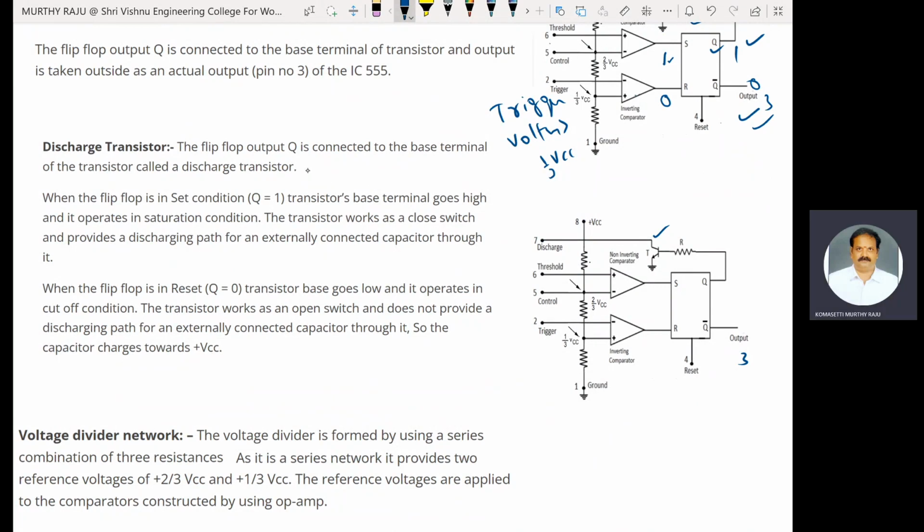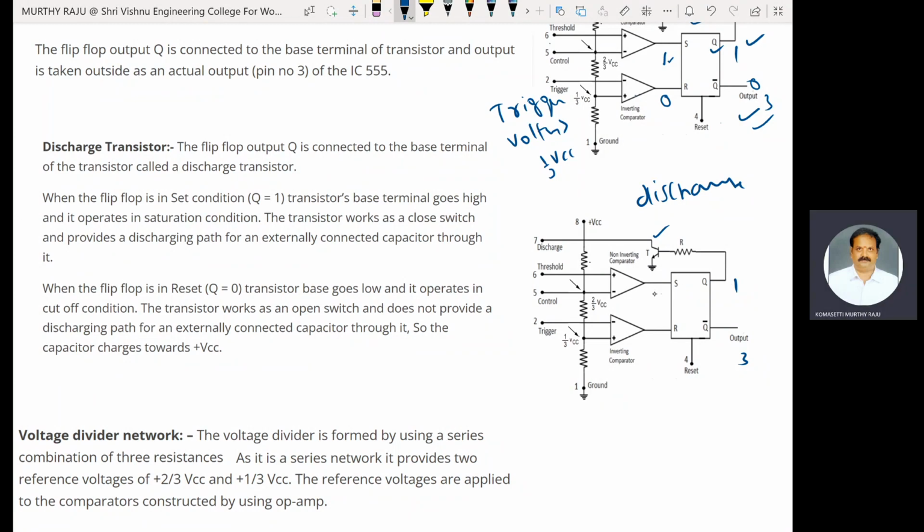The flip-flop output Q is connected to the base terminal of the transistor, called the discharge transistor. When the flip-flop is in set condition, Q is equal to 1, which means S is equal to 1 and R is equal to 0.